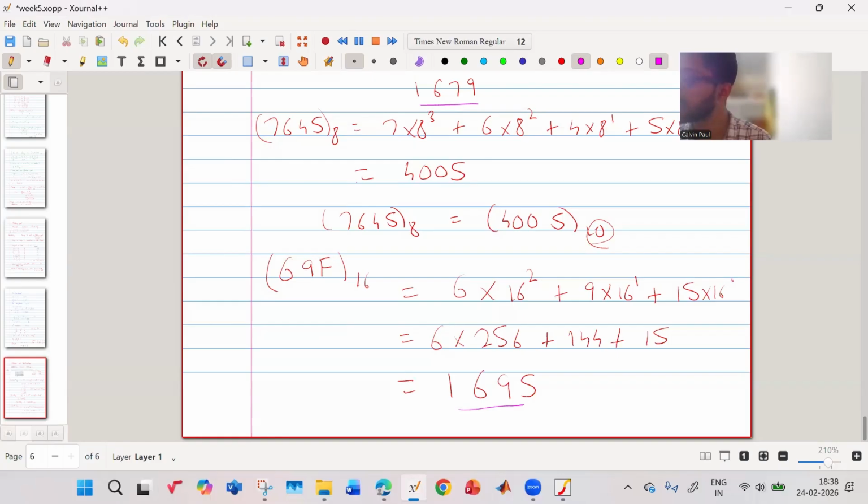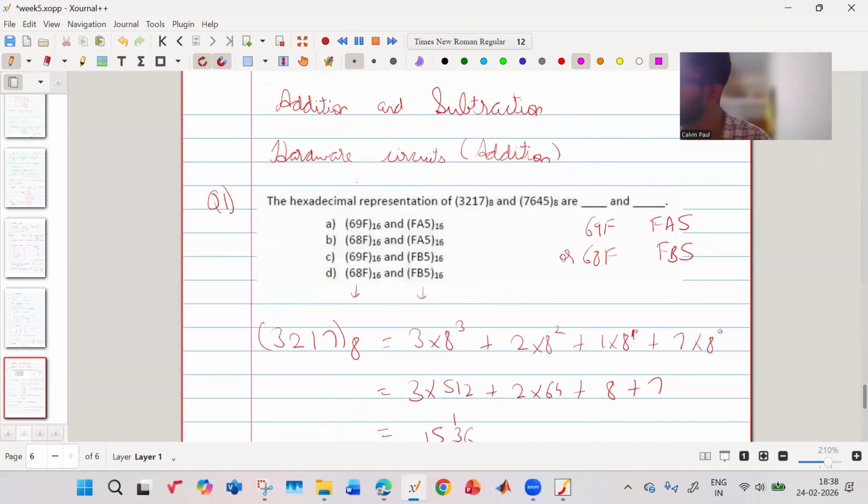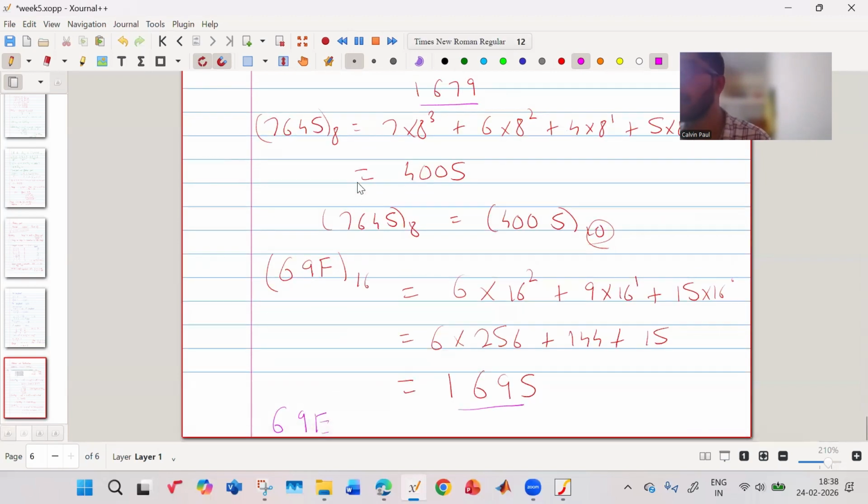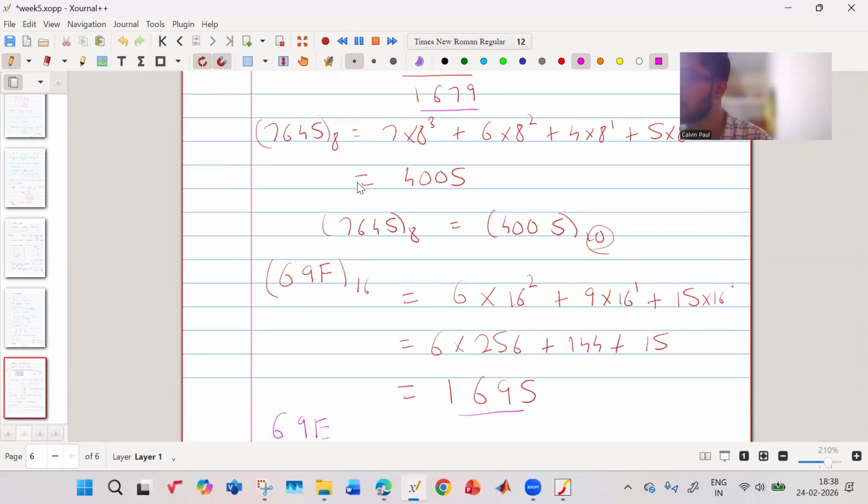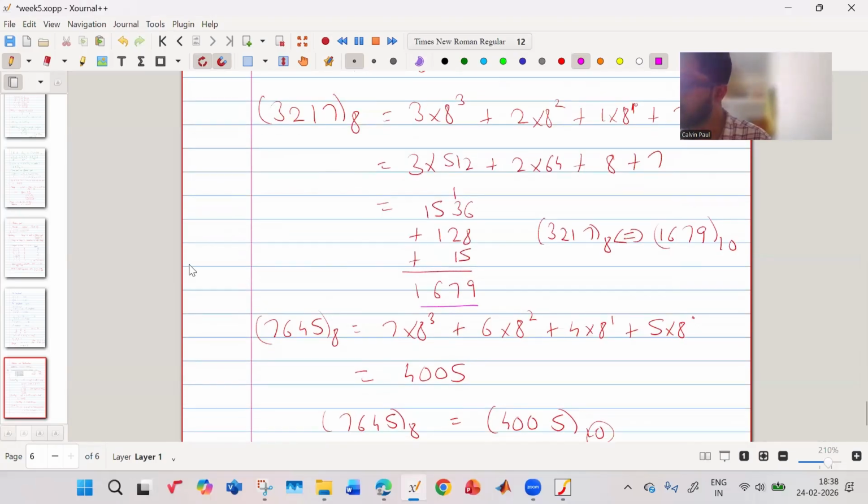So you see, the options which were given are 69F and 68F. Okay.